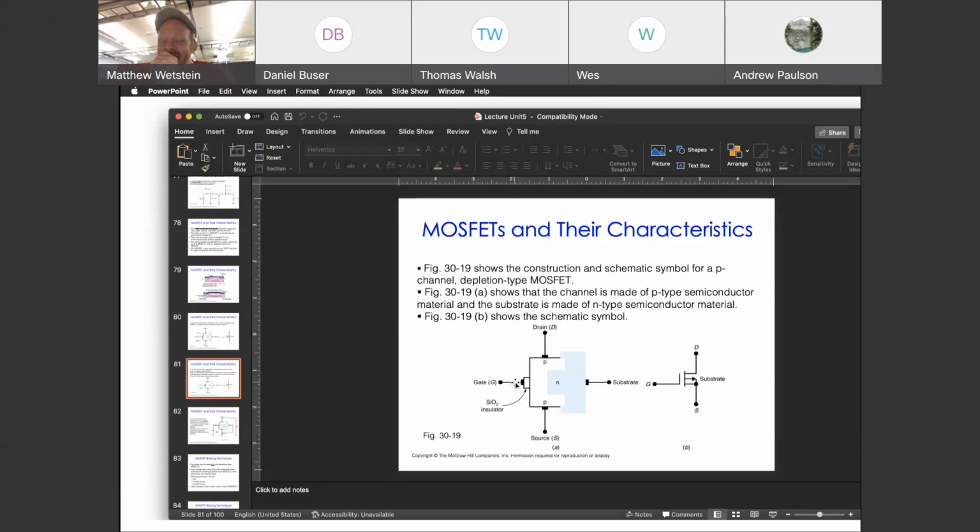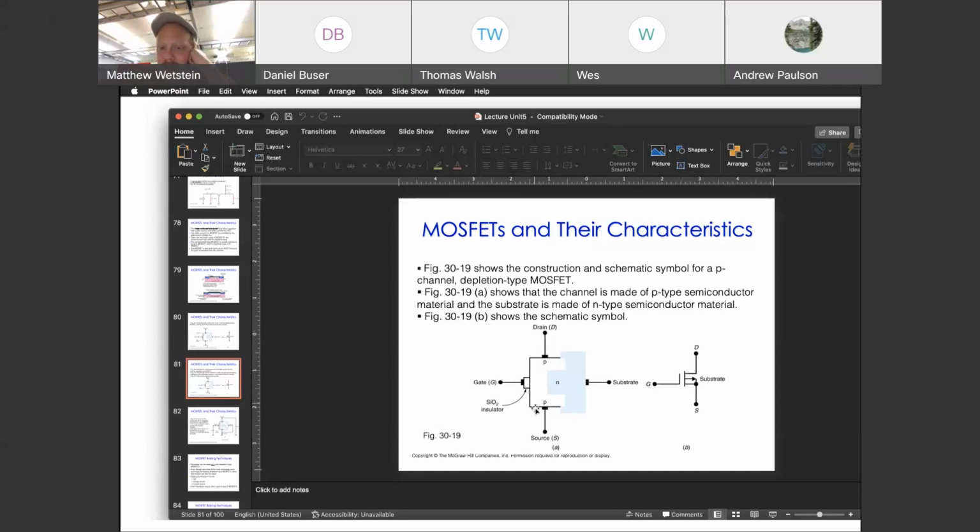In this case, you're not reverse biasing a diode. Rather, you're applying a voltage to the gate that attracts more charge carriers into the channel, making the channel more effectively conductive. And so, for example, this is a P channel.